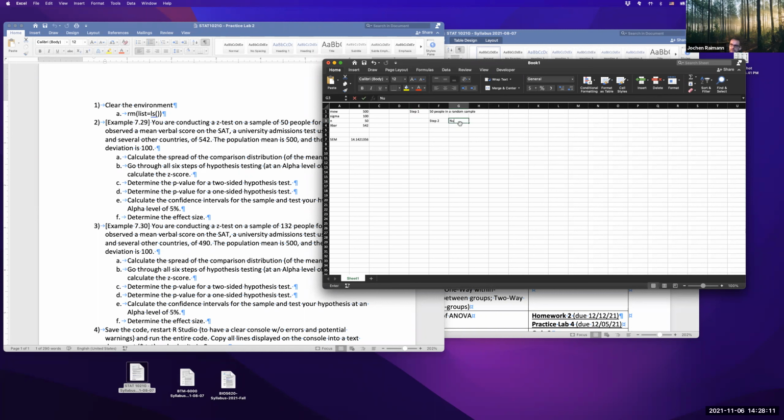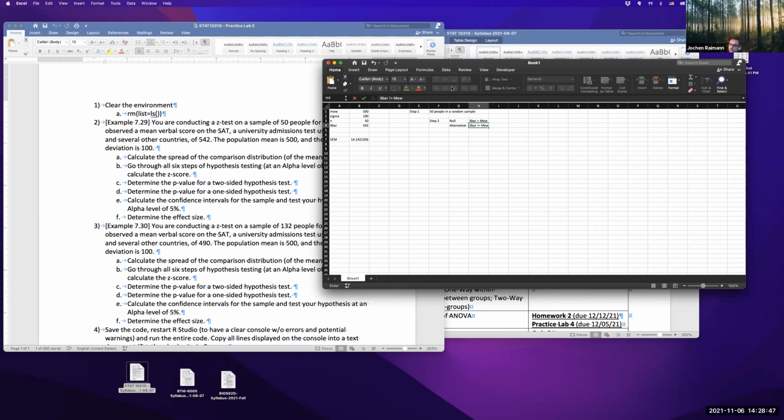Step 2 is now our null hypothesis. So the null is x bar equals mu, right? And analogously, the alternative hypothesis is that x bar is not equal to mu.